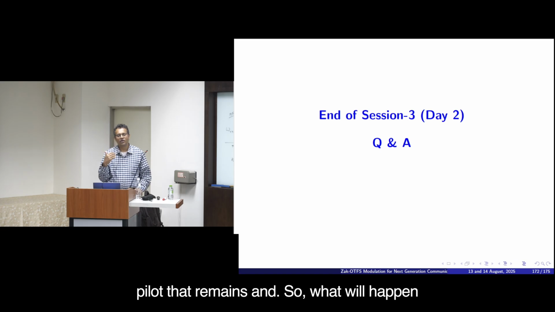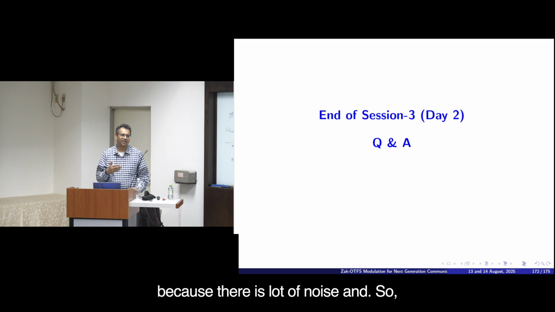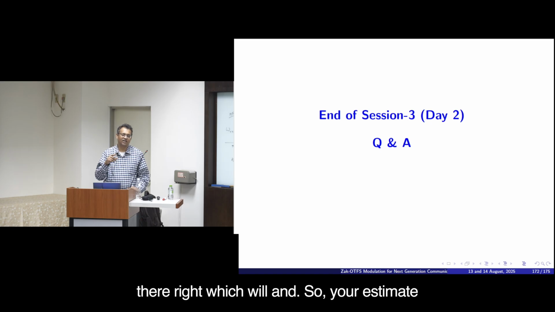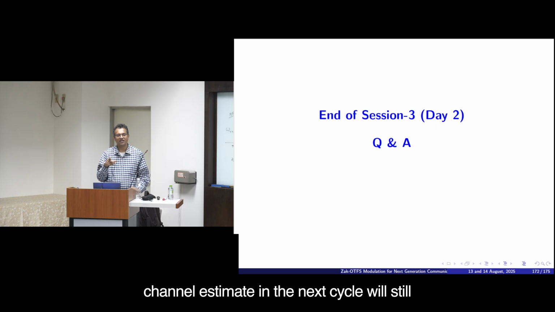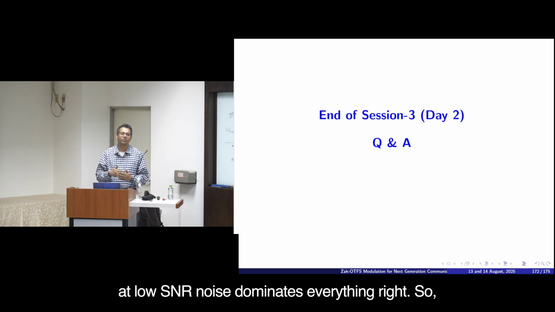So at low SNR, this turbo effect does not really come into effect, because there is a lot of noise. Even if you think you have removed the pilot, there is still noise there, so your channel estimate in the next cycle will still get affected by the noise. At low SNR, noise dominates everything.